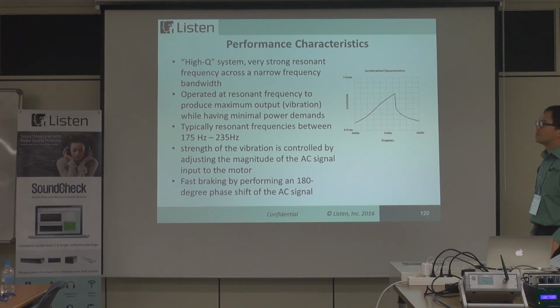And how can you calculate your Q? Normally the minus 3 dB point calculation method is based on a symmetrical shape, but this is not symmetrical. So how can you calculate the minus 3 dB point and Q?